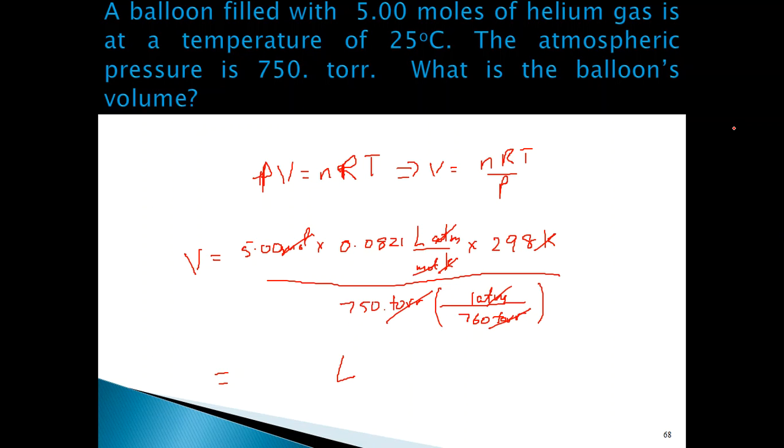So let me do this. 5 times 0.0821 times 298 divided by parentheses 750 divided by 760 close parentheses, equal, and the answer I get, let me do this again, I think I made a mistake.